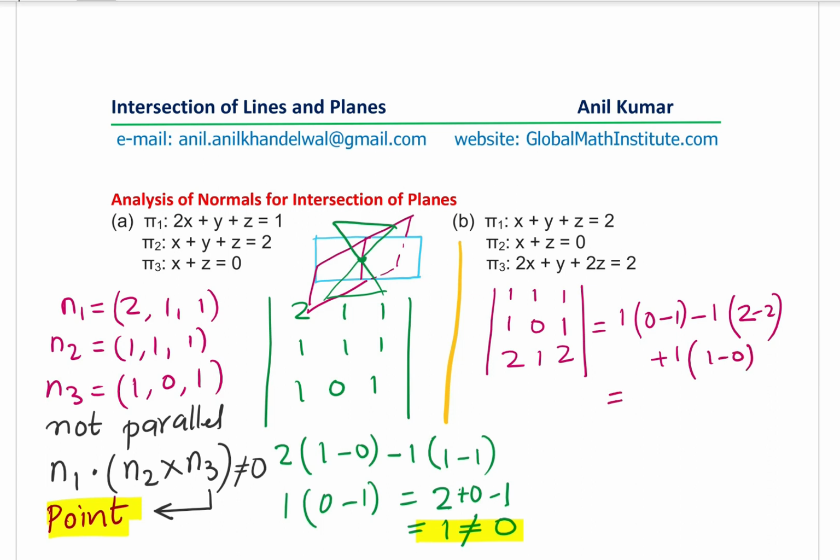That is equal to minus 1 plus 0 plus 1, which is equal to 0. Now, since this is 0, we get the condition that n1 dot n2 cross n3 is equal to 0. So in this particular case, we have an intersection as a line. So a line is a solution.